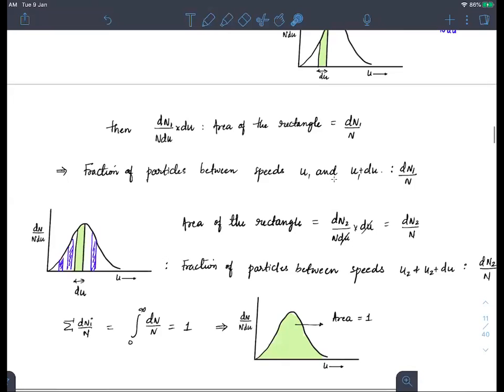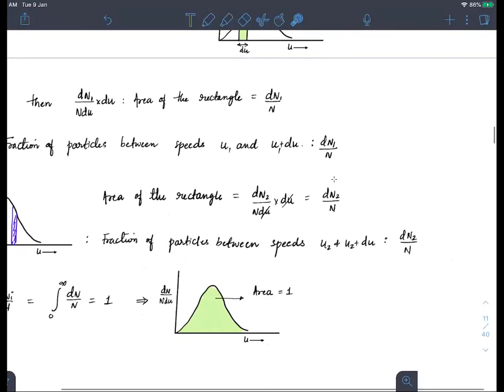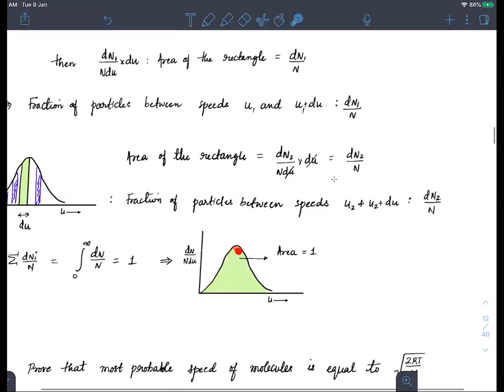So suppose I take a small range of du from u1 to u1 plus du, then let's say the fraction of particles is dn1 by n. Similarly, if I take the range from u2 to u2 plus du, then the fraction of particles I take is dn2 by n. What will be the area under this curve?